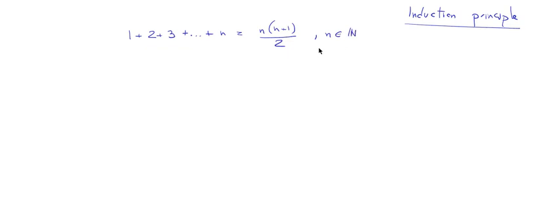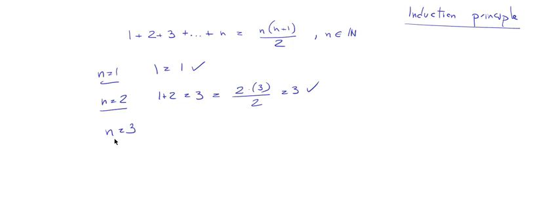You could say, okay, let's try it for n equals 1. 1 is equal to 1 times 2 over 2, which is 1. So this is true. For 2, we have 1 plus 2 is 3, which is equal to 2 times 3 over 2, which is 3. So this is true.